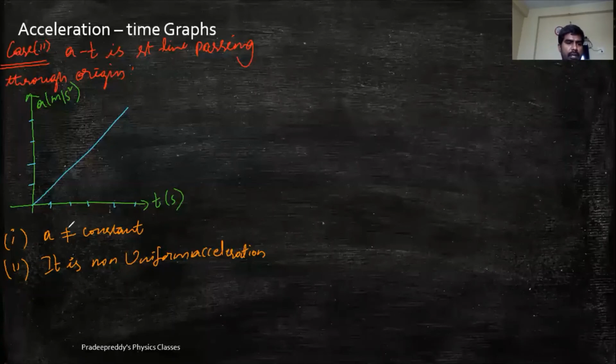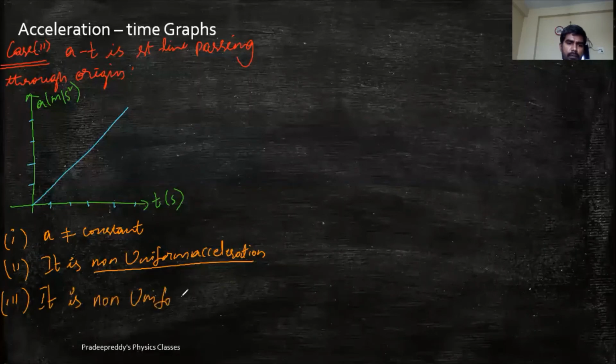If acceleration is not constant, then it is called non-uniform acceleration. If a body is moving with non-uniform acceleration, it means that it is non-uniform motion. So it is non-uniform motion and also non-uniform acceleration.